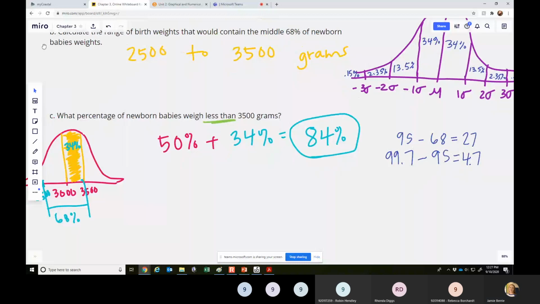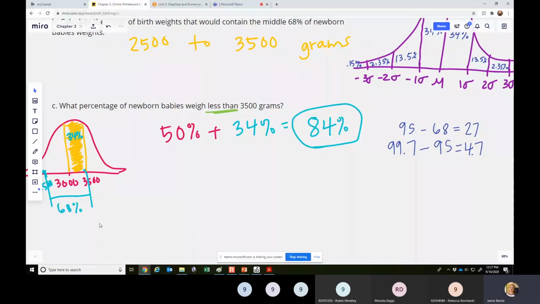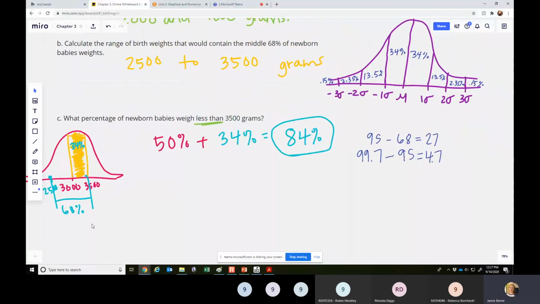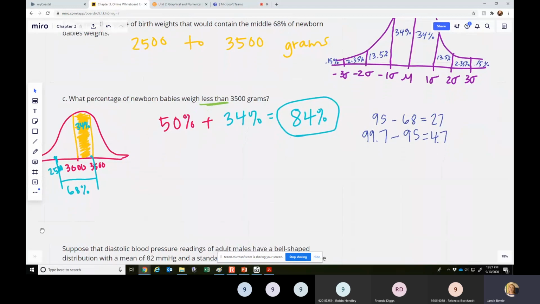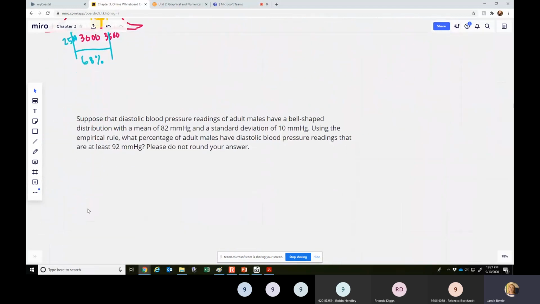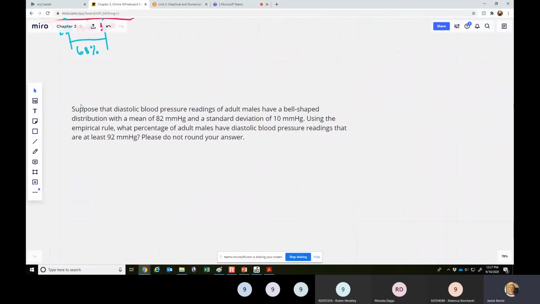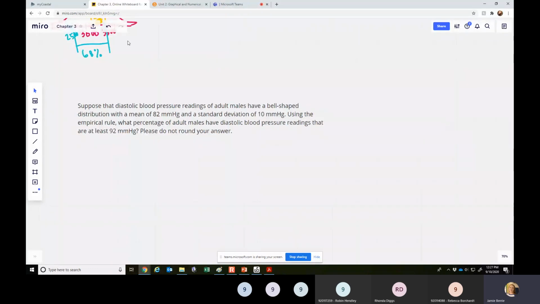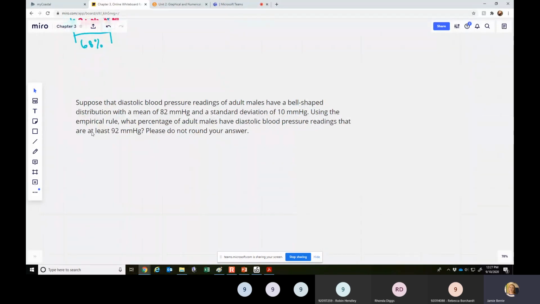All right, so for the empirical rule, you want to think bell-shaped curves. Now let's look at another example here. I wanted to show this one because I know there's a lot of people in here that are health sciences or nursing majors. It says, suppose the diastolic blood pressure readings of adult males have a bell-shaped distribution.